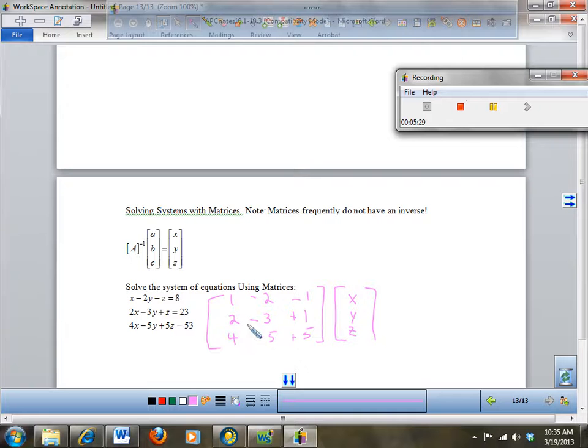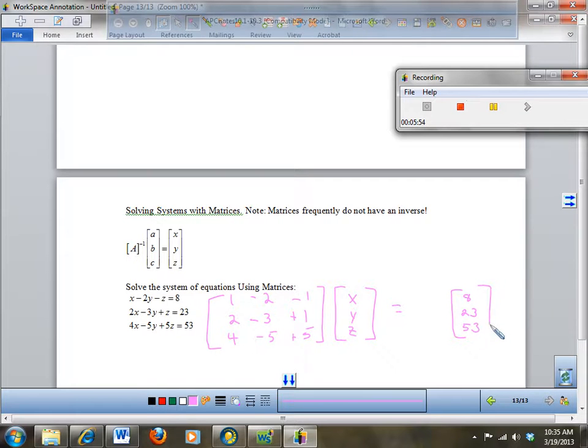The way you multiply matrices, you take this row and multiply it by this column, then take the next row and multiply by this column, and so on. That has to equal what's on the right side of the equation, which is 8, 23, and 53.